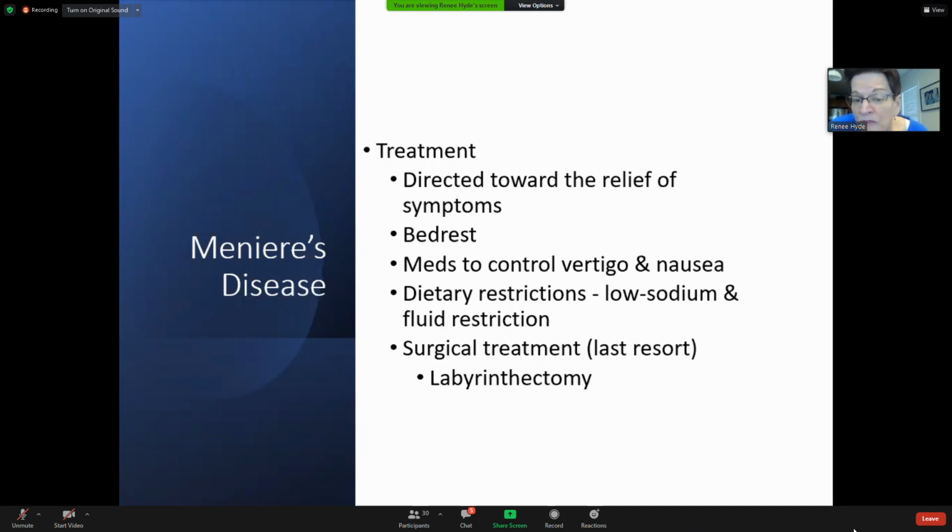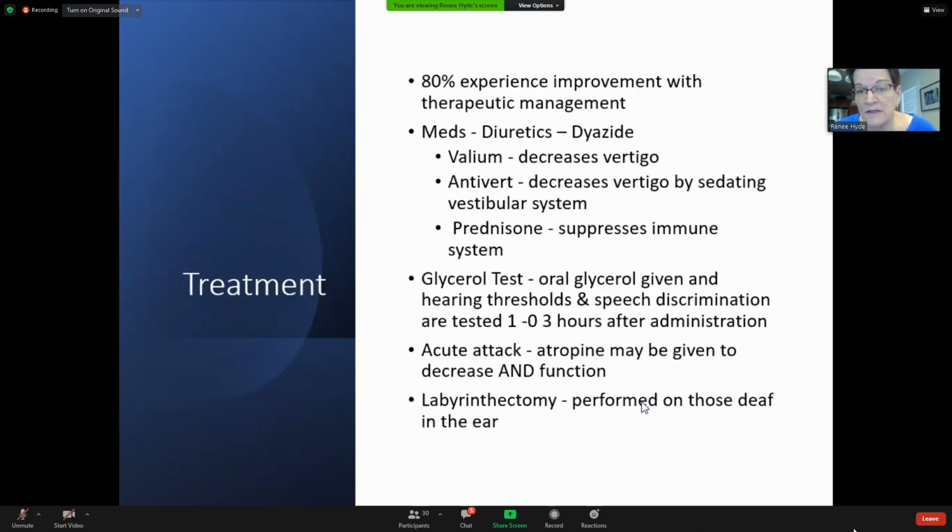Now, a labyrinthectomy is the last resort to control that vertigo, because unfortunately what happens is that to do that labyrinthectomy causes permanent deafness in that ear. About 80% will experience improvement with management.